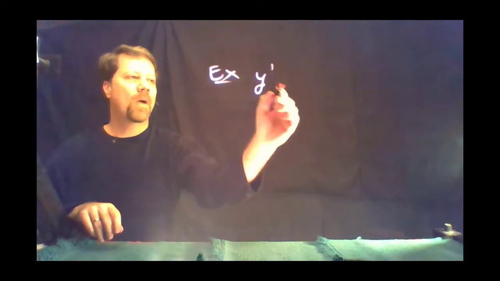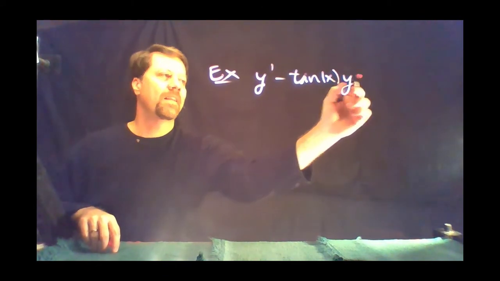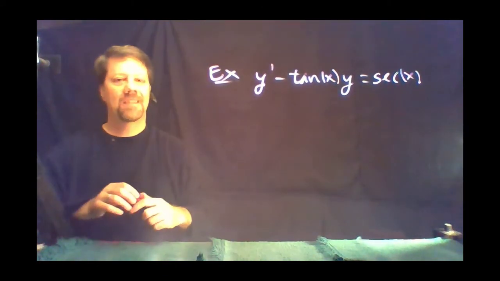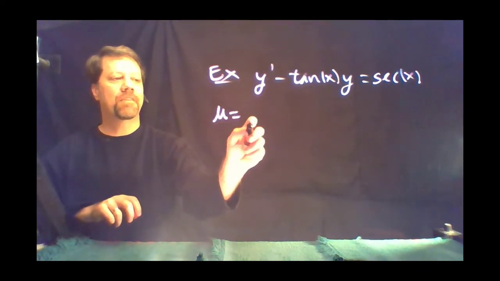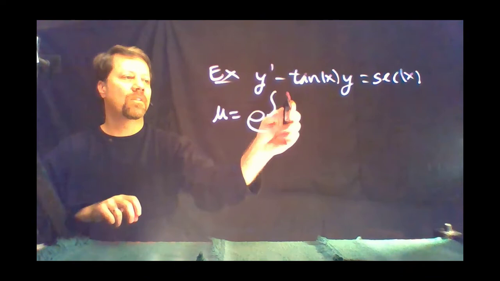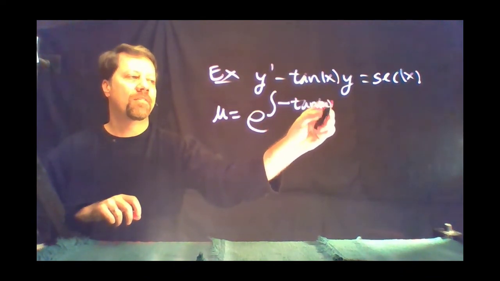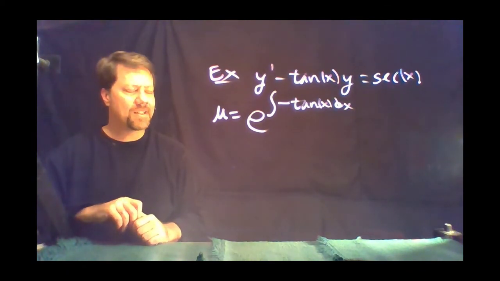Suppose I have y prime minus tangent of x times y equals secant of x. Step 1 is to find the integrating factor, which is e to the integral of minus tangent of x. How do you integrate tangent?